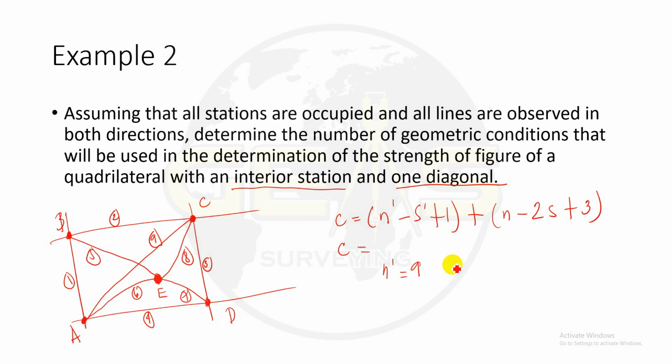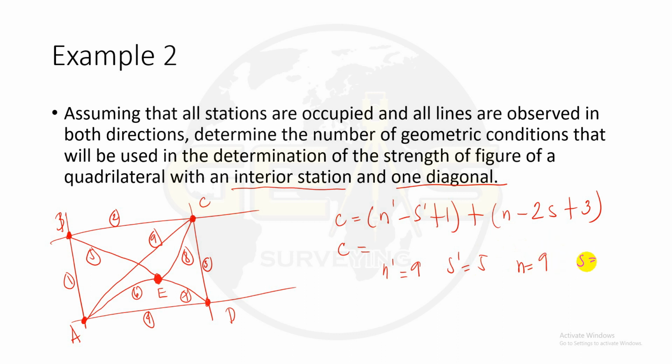Next, S prime, which is the number of occupied stations. So station A, station B, station C, D and E is equal to 5 stations. n, total number of lines in the figure, 9.